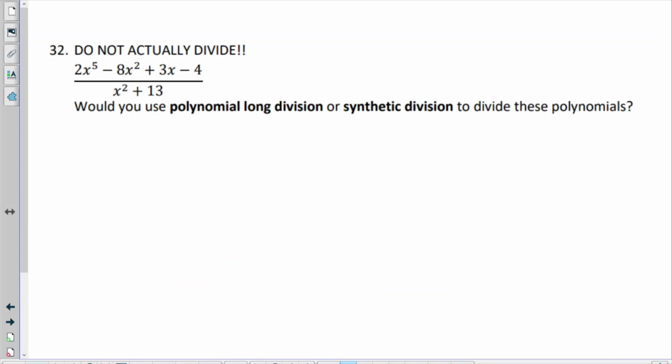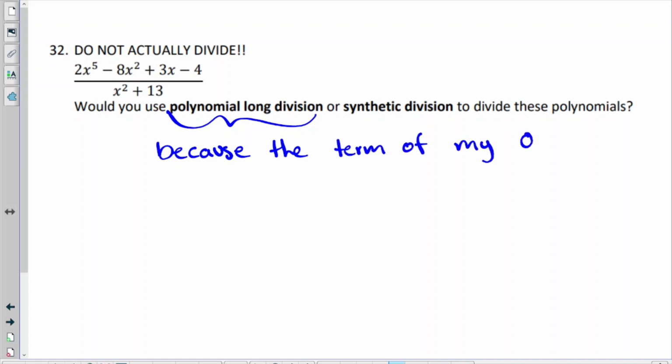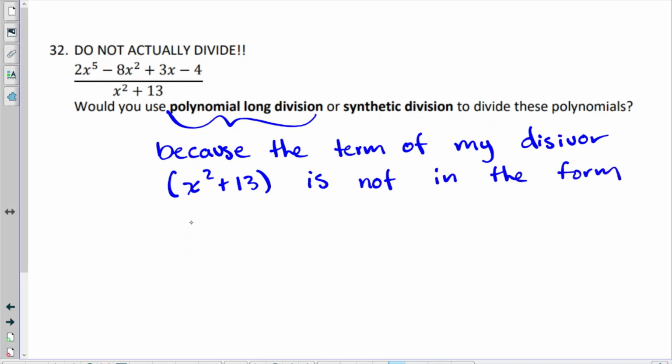Would you use polynomial long division or synthetic division to divide these polynomials? In my opinion, in fact, the only way is to use polynomial long division, and here's why. Because the divisor, the thing I'm dividing by, which is x squared plus 13, is not in the form x minus r, which you need to have for synthetic division.